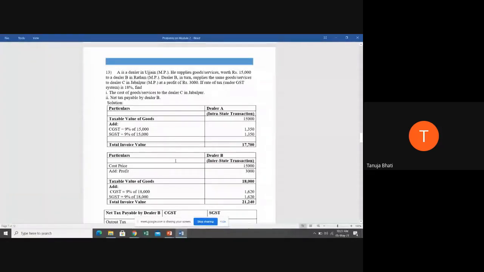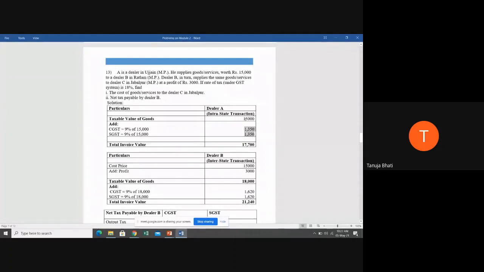Now, dealer B is in turn selling the goods to a dealer C in Jabalpur at a profit of 3,000 rupees. Now, I told you all students, the cost price for dealer B will not be 17,700, because 17,700 also includes the tax and GST does not tax on tax.